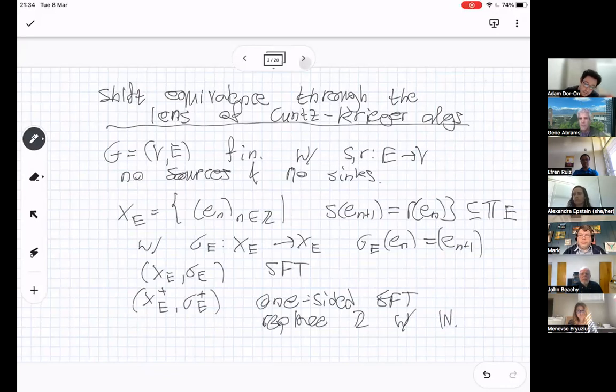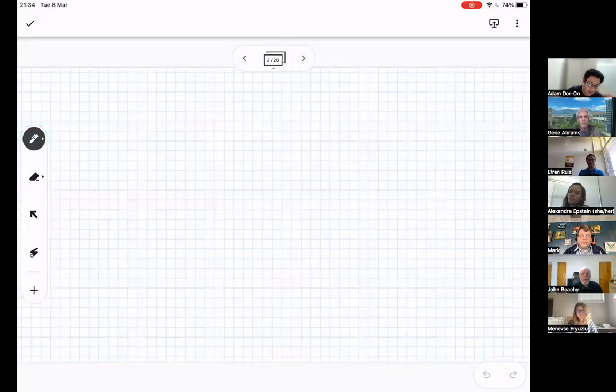Okay, so what is the most natural definition of equivalence between two topological dynamical systems?